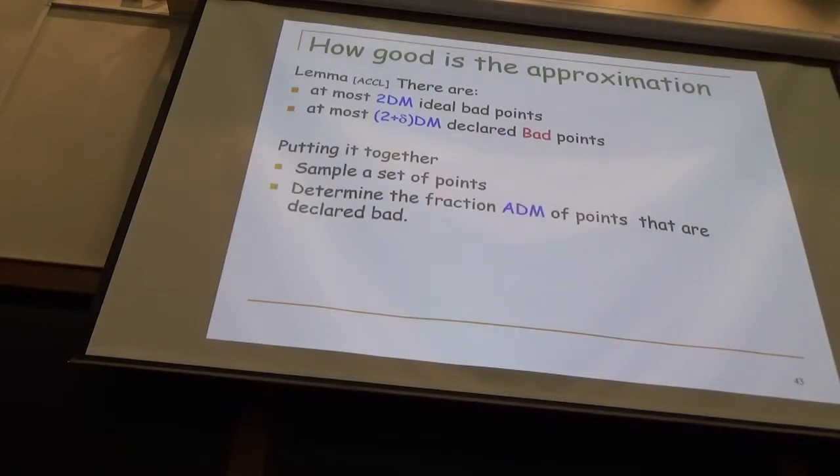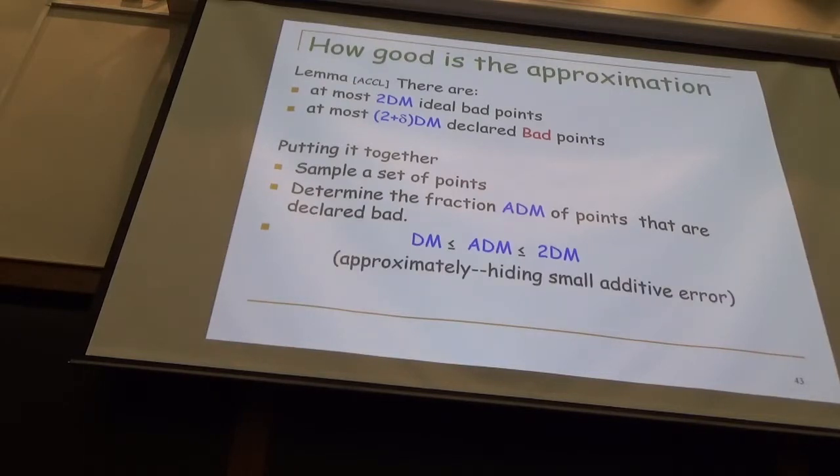So putting it together, you sample a set of points, figure out which ones are declared bad, and estimate that fraction, and what you end up with is that ADM is at least DM, but at most 2DM, and that's all approximate.